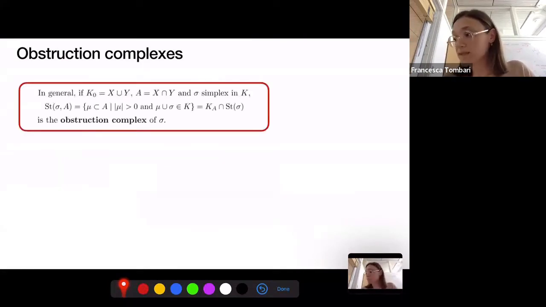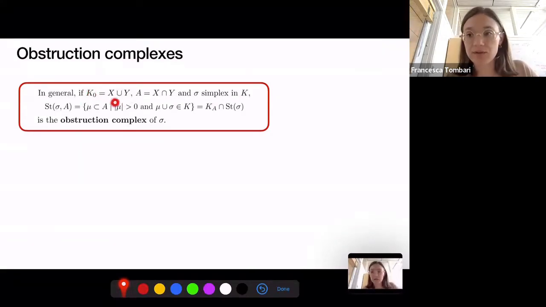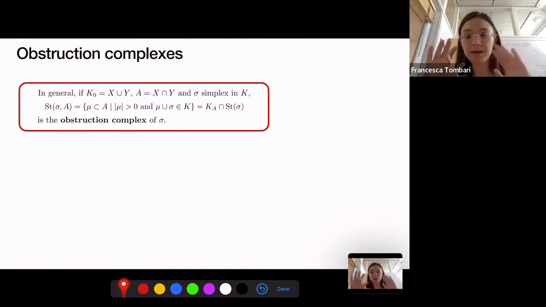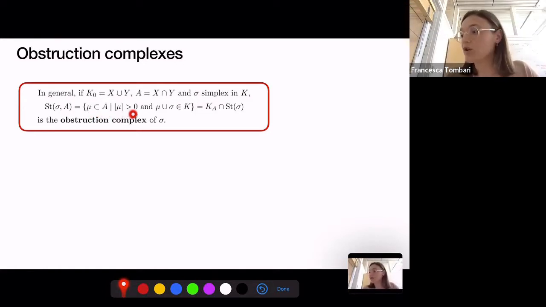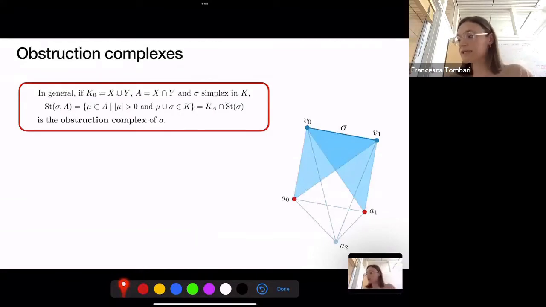This is a simplicial complex associated to a decomposition of the simplicial complex K. Here, as before, I take such a data-driven decomposition, and from now on, A is going to denote the intersection of the two subsets X and Y covering the vertices of K. So now fix a simplex sigma in K, then its obstruction complex is the collection of subsets of A that are non-empty and that together with sigma form a simplex in K. This is nothing else but the intersection of the star of the simplex together with K restricted to the intersection A. This is just much easier with an example.